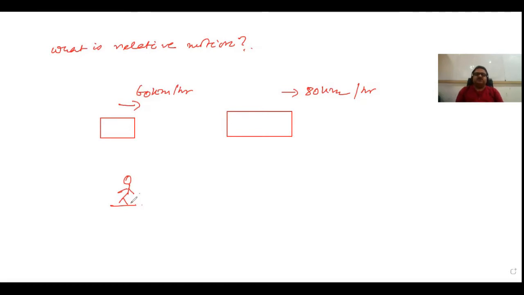Now, think about this. If I look from the viewpoint of the man standing on the earth, this is car C1, this is car C2. This person will observe this car running towards the right with a speed of 60 km per hour, and this car running towards the right with a speed of 80 km per hour.